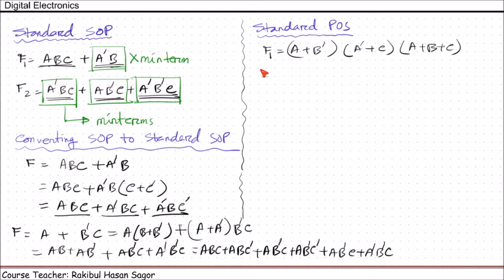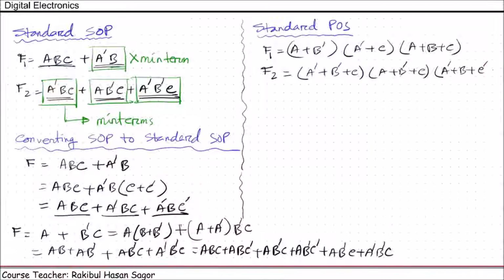Now if we have another function, f2, (a' plus b' plus c) (a plus b' plus c) into (a' plus b plus c'). Now we can see this is standard POS form because in each sum term all the variables are present.